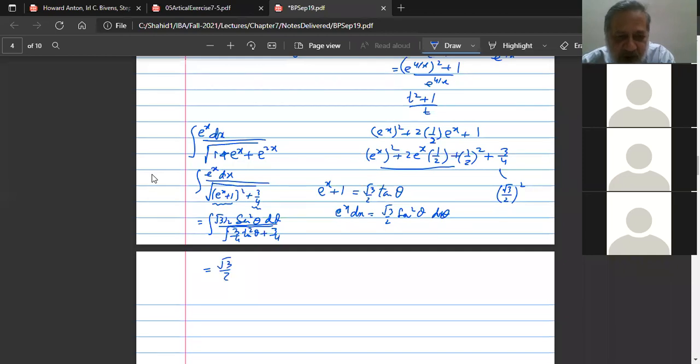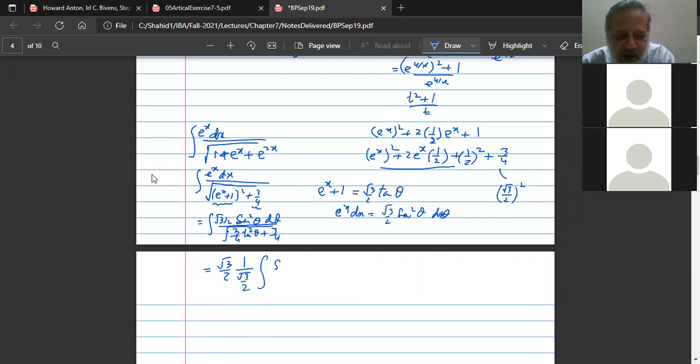From the denominator 3 by 4 taken common will be 1 upon root 3 by 2, and the integral is secant square theta d theta divided by what?